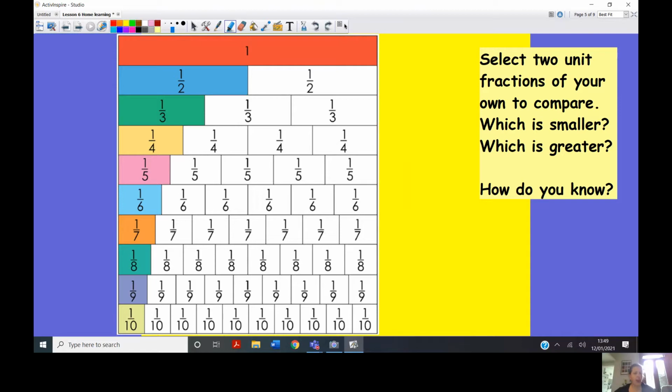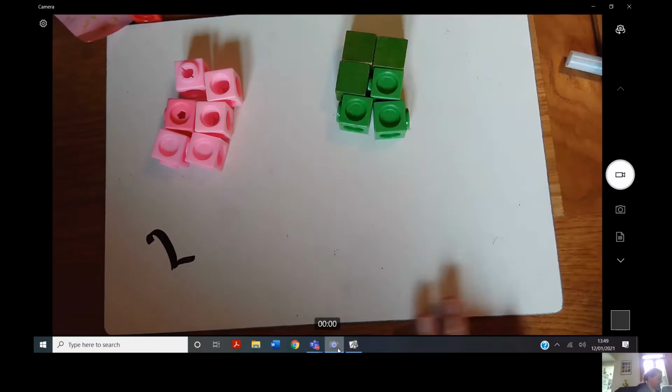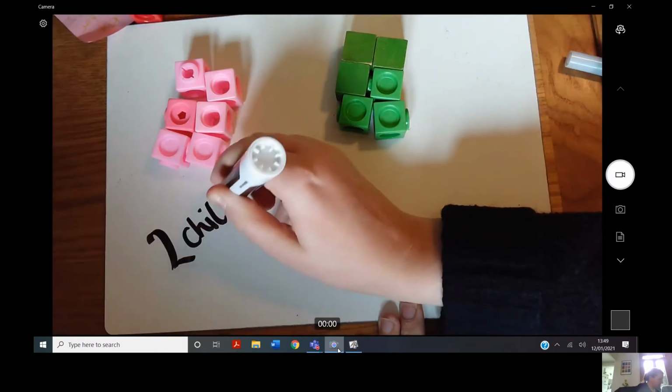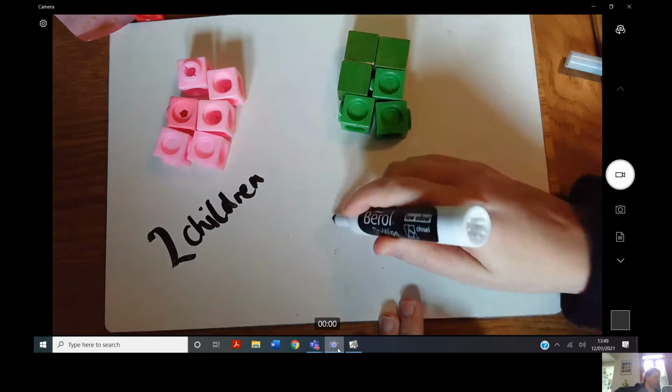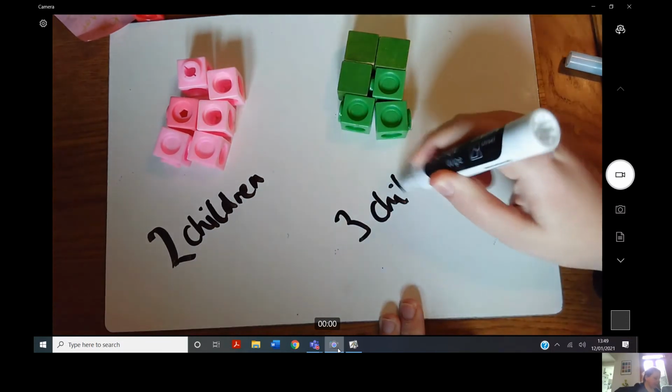So here's the situation. I have got 2 sets of 6 tennis balls, and I've got 2 children who want the tennis balls and 3 children who want the tennis balls. I need to work out how many tennis balls they will get each. I've got 2 children here and 3 children here.